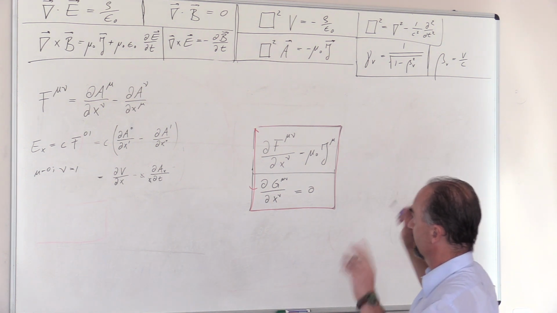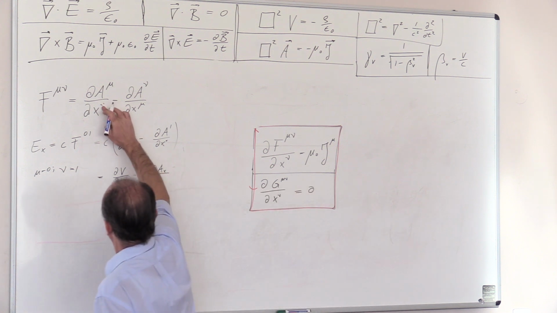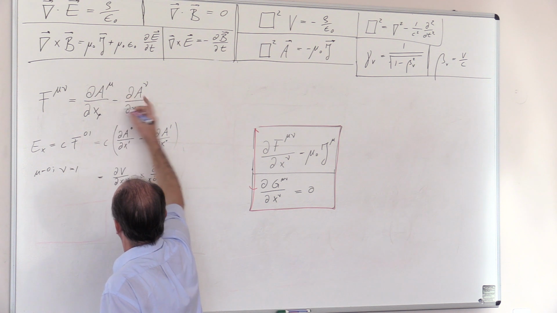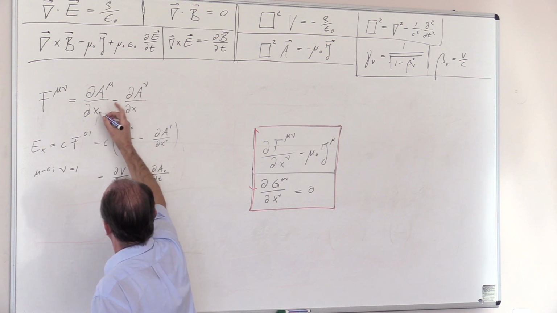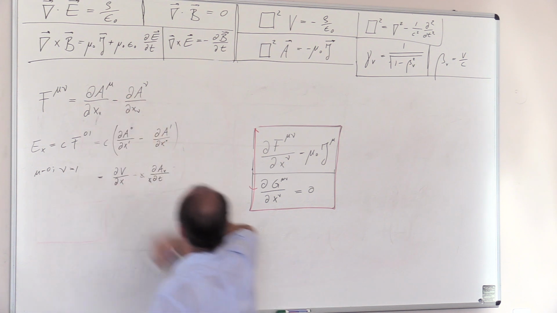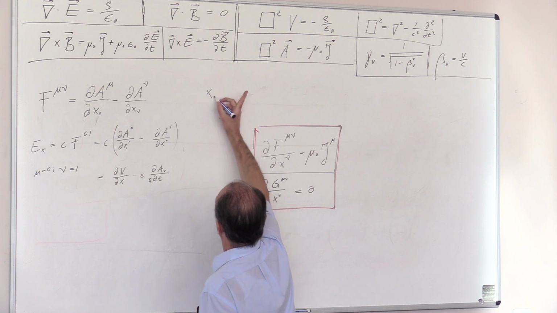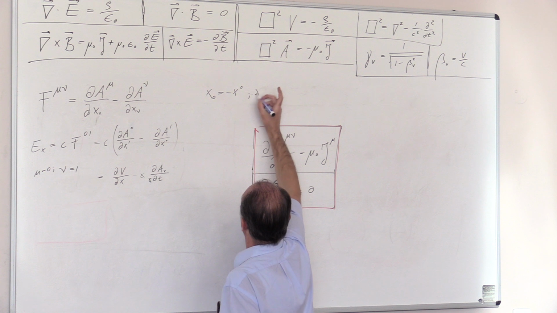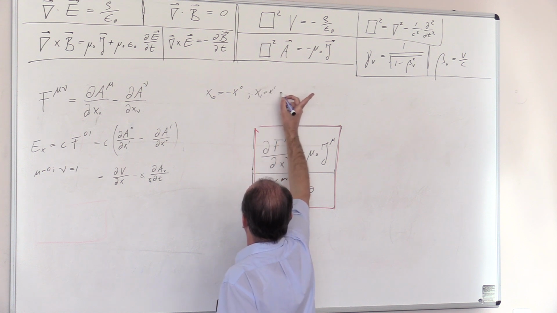Sorry, I made one mistake here. The way this is to be written is in terms of these contravariant components. Remember that x0 was minus x0, x1 equals x1, and so on.